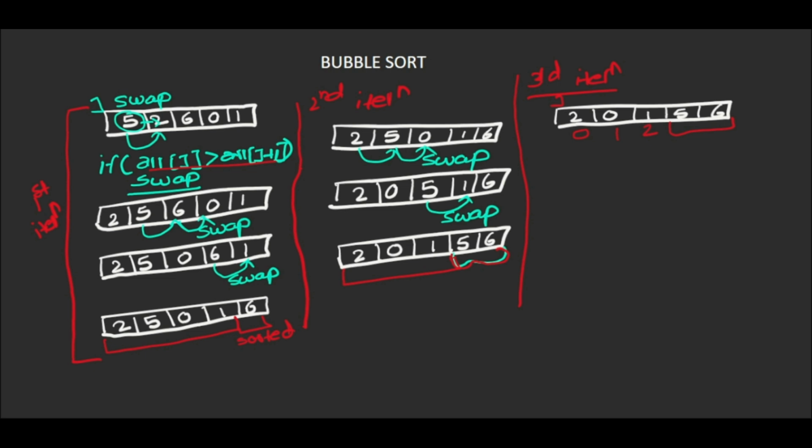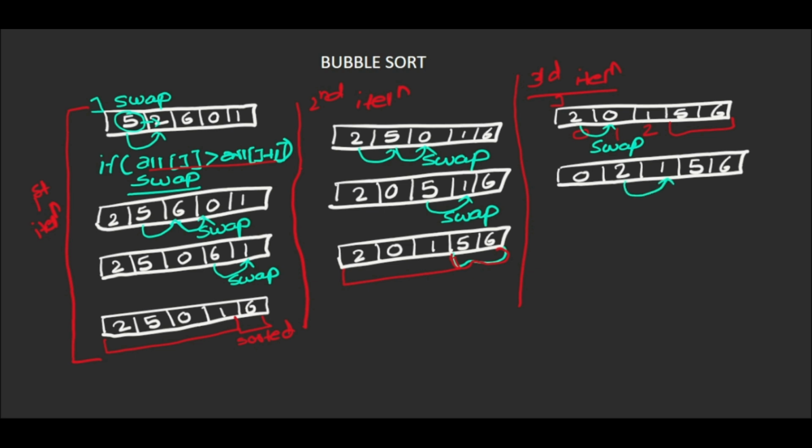Again, we need to do the comparison. We'll compare 2 with 0. Since 2 is greater than 0, here we need to swap. After swapping, the array will look like 0, 2, 1, 5, 6. Again, we compare 2 with 1.